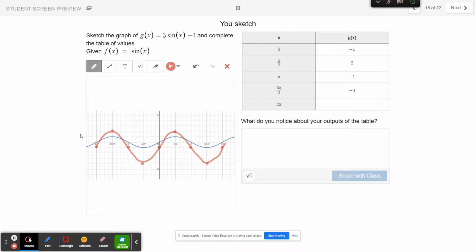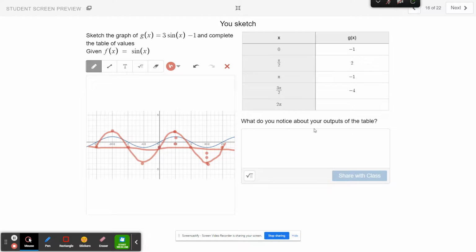All right, so again, here's the midline at -1, our K, and we go down 1, 2, 3. So we have an amplitude of 3, and we go up 1, 2, 3. We have an amplitude of 3 both directions.